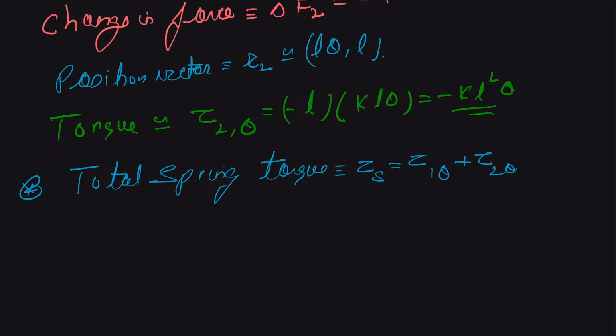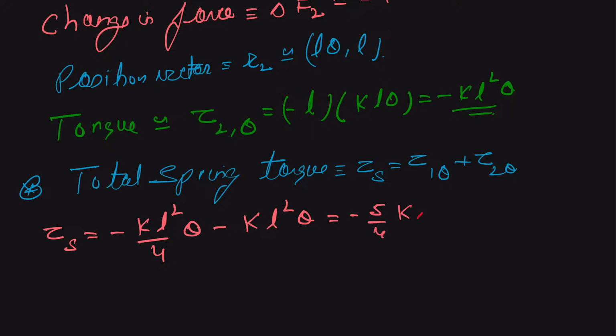We get our tau s is equal to minus k L square by 4 times theta, and this gives minus k L square theta. So this gives us minus 5 by 4 k L square theta.